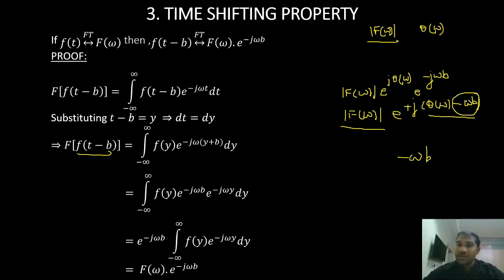Minus omega b is the phase shift introduced in my frequency domain signal due to the shift in the time domain signal. So a shift in the time domain signal results in a phase shift in the frequency domain signal.